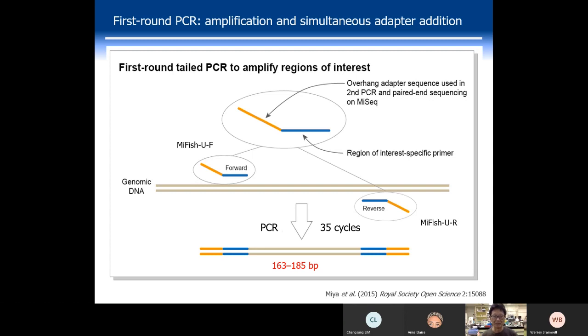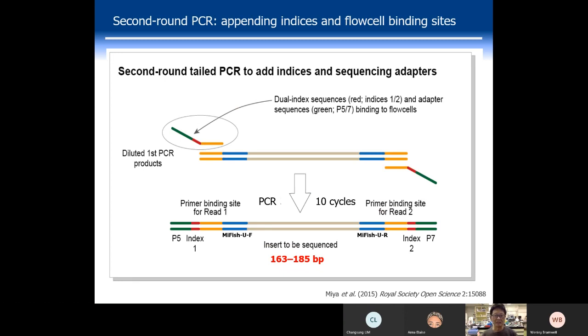The PCR cycle is 35 to 40 cycles. We can obtain on average 170 base pairs. And the second round PCR adds index and sequencing adapter.